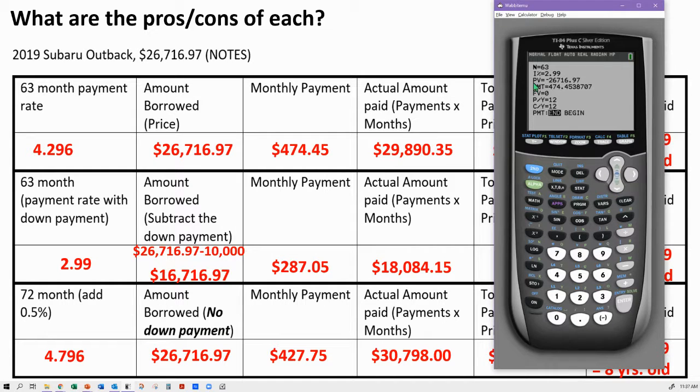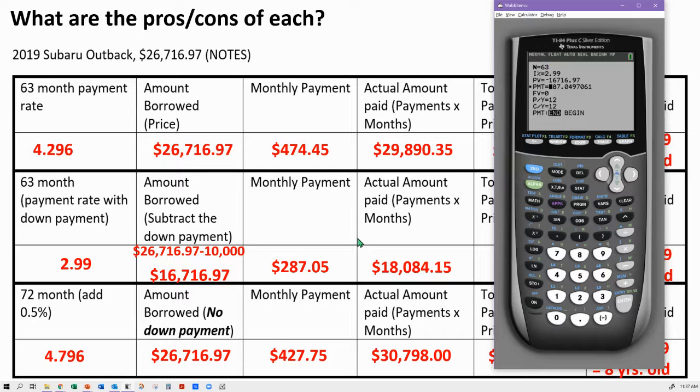The present value is only 16,716.97. That's the amount that we needed to borrow. Payment is what we're going to solve for. The rest of these things are still the same since we're still thinking in the same context. Payments, 12 payments per year. Future value 0. Come back up here to solve. Alpha, enter. And that's where I get my 287.05.